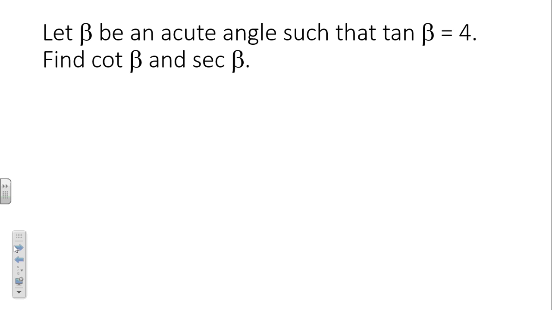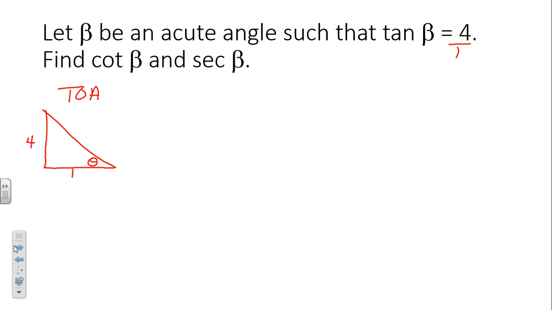Tangent of b is 4, right? So that means that's our TOA, 4 over 1. I like that. That helps us. So we are wanting an opposite to be 4 and our adjacent to be 1. So maybe something like this, where this is 1, this is 4, and there's our theta. Didn't really draw it to scale, but I tried.